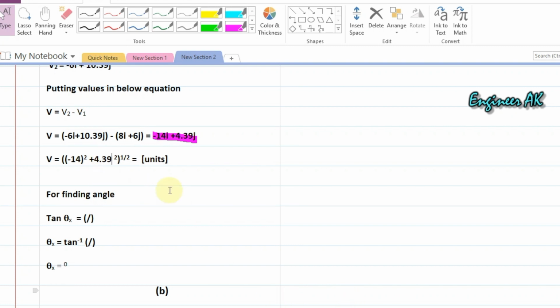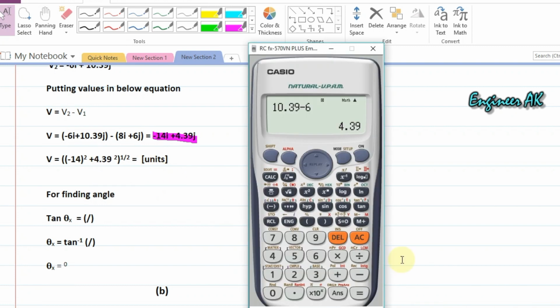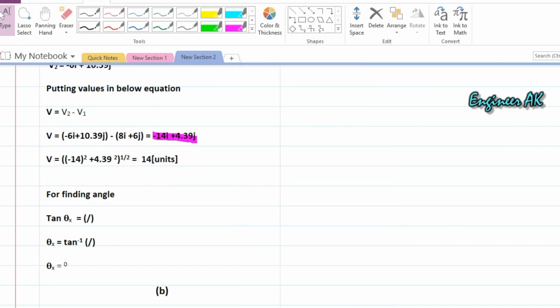So if I plug these values in the calculator, under the root 14 squared plus 4.39 squared, here we go. I am getting 14.67 units, right? So this is my magnitude for this difference, for this v dash.